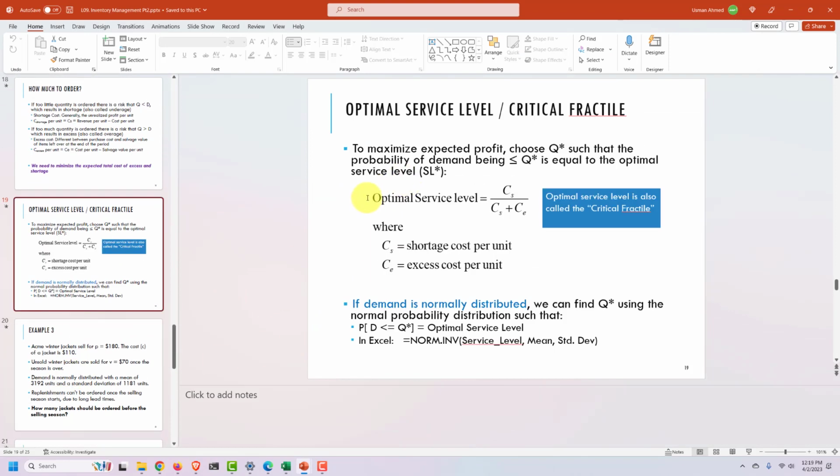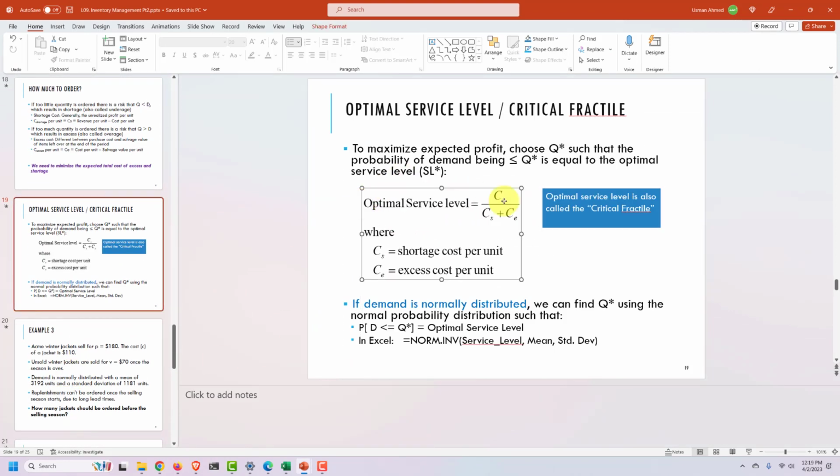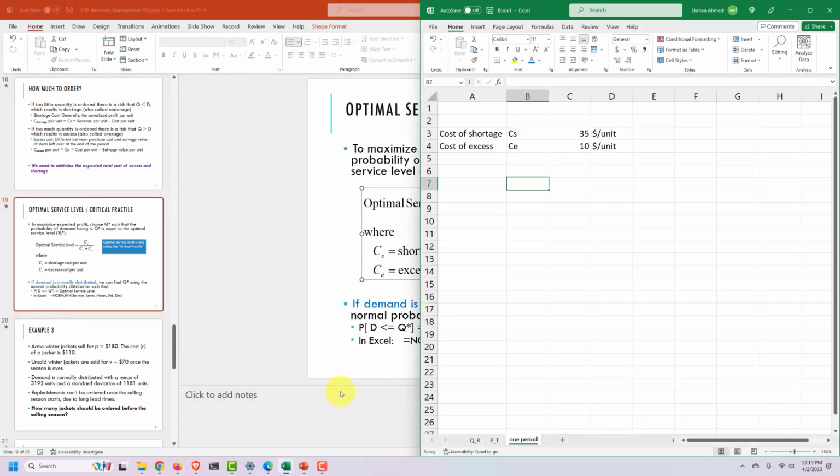Now you need your optimal service level, which is the CS, cost of shortage, divided by CS plus CE. Okay, so optimal service level is equal to CS divided by, again, you have to use brackets, otherwise you'll see what will happen. If you do just CS over CS plus CE like this, this is wrong. The optimal service level is always a number between 0 and 1.